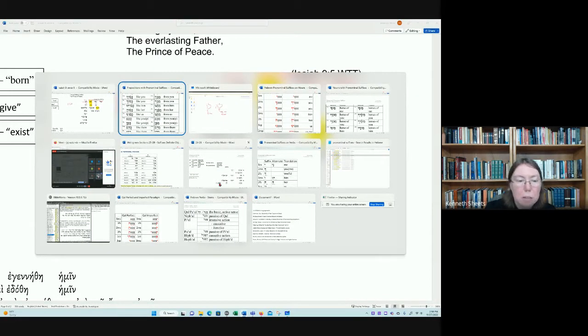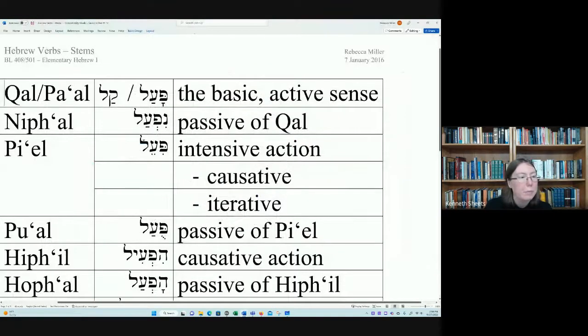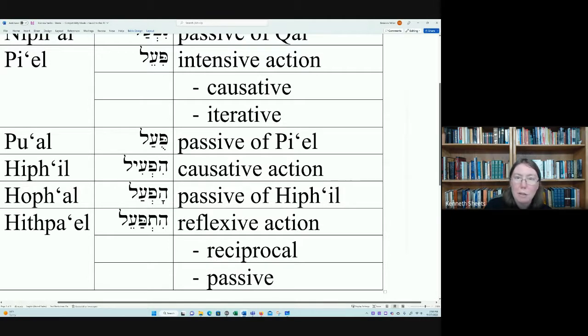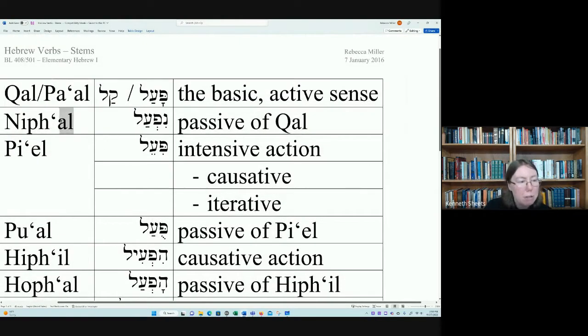Here, let's just go ahead and review those stems. So you have cow, which is going to be the basic action. Nifal is the passive of the cow. Piel, intensive action. Pual, the passive of the piel. Hifil, causative action. Hofal, the passive of the hifil. Hitpael, reflexive action. And what we're dealing with here is the nifal, which means that we're dealing with the passive of the cow. There's been a noon attached to the front to indicate, oh yes, this is a nifal.